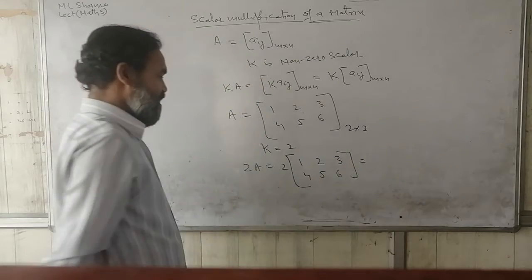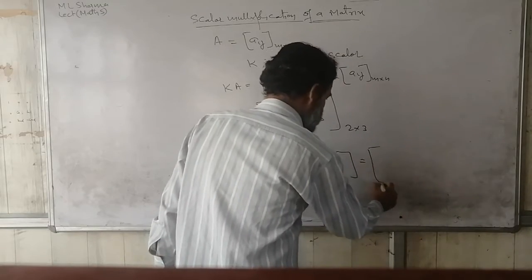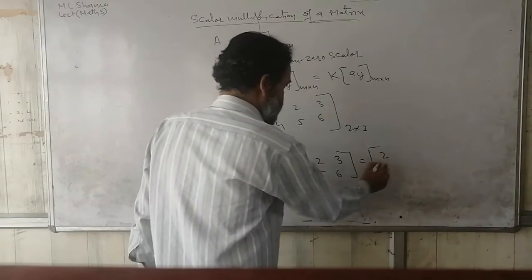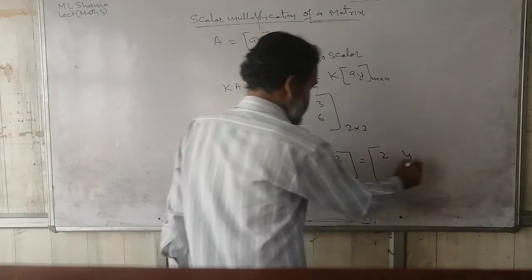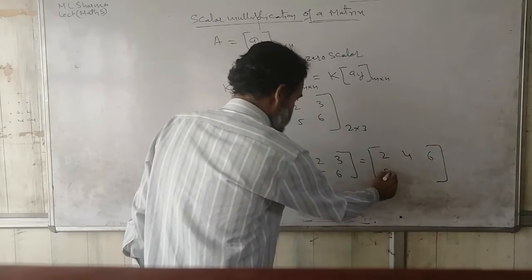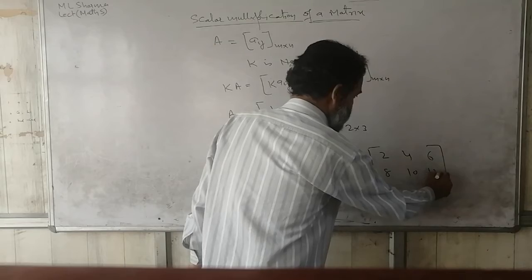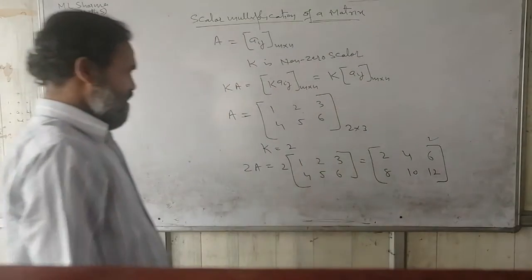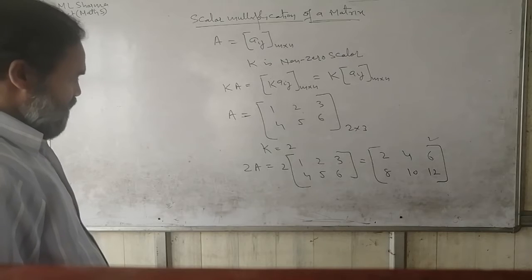All the elements are to be multiplied by 2, and this will be 2 into 1, I will get 2, 2 into 2 is 4, 2 into 3 is 6, 2 into 4 is 8, then 10 here and 12 here. So this is how scalar multiplication is performed on a matrix.